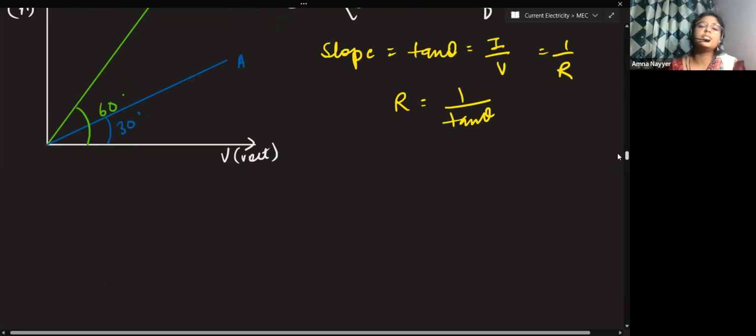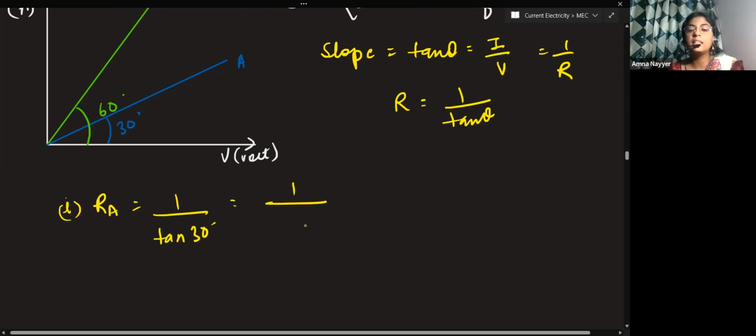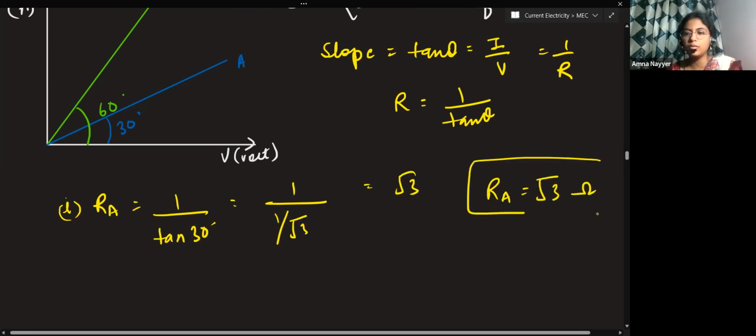So resistance for the first part, RA, resistance for A, will be 1 by tan 30 degrees. So tan 30 is 1 by root 3. So this becomes 1 by 1 by root 3. Root 3 will go up. So RA becomes root 3 ohms, ohm being the SI unit of resistance.